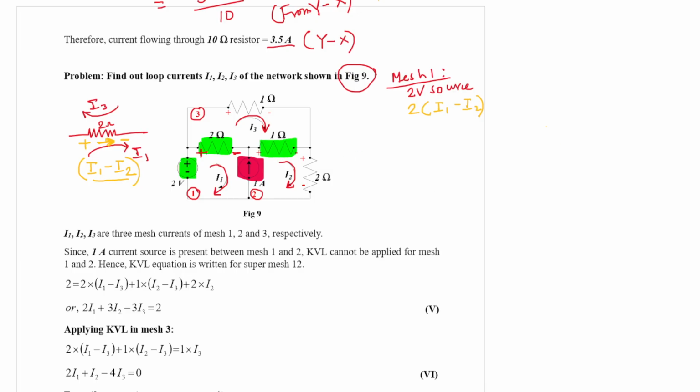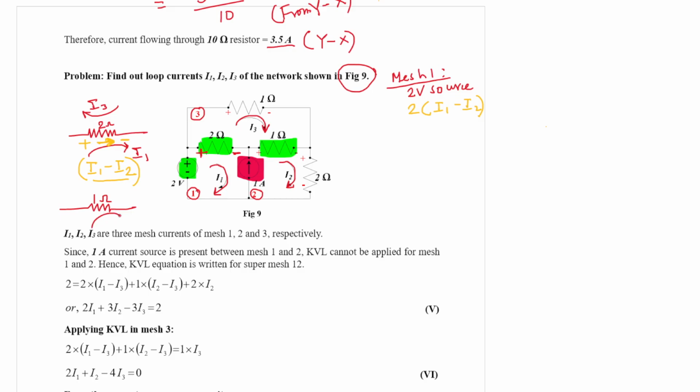Again, with this 1 ohm resistor, if I try to draw it, there are again 2 currents.